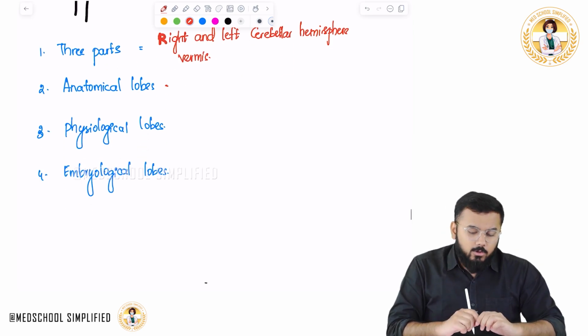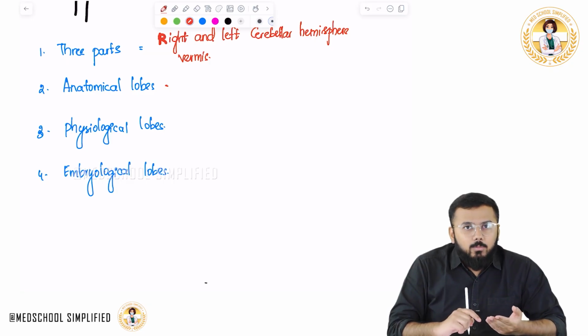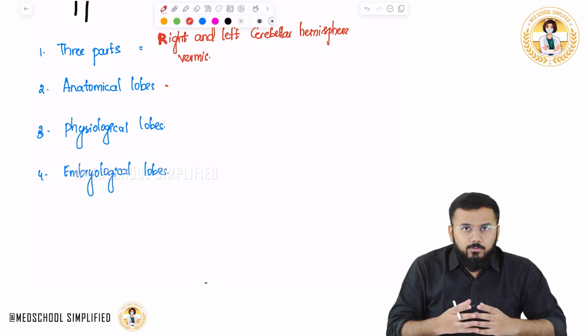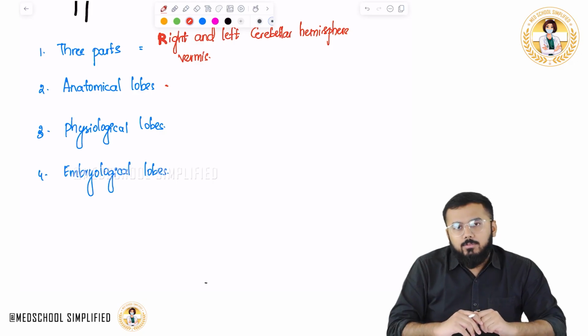Next, what are the different kinds of anatomical lobes? When it comes to the anatomical lobes, there are 3 important types. One is called the anterior lobe, another one is called the posterior lobe. The posterior lobe is also called the middle lobe. If you have attended my previous lectures on different kinds of lobes of the cerebellum, you will understand very clearly.